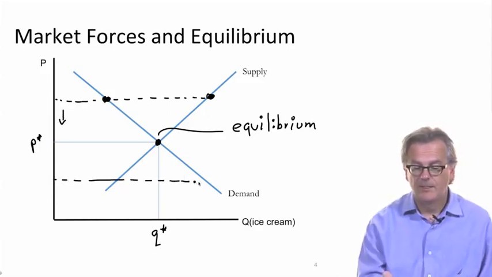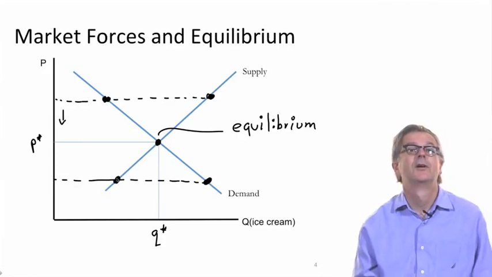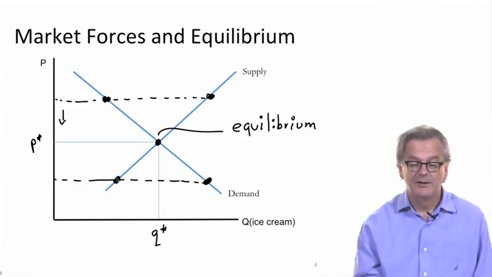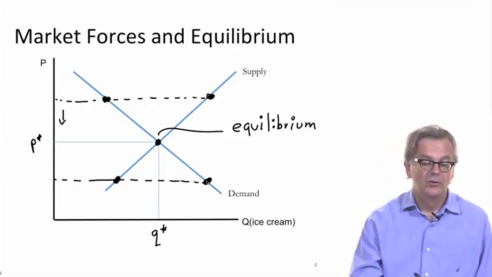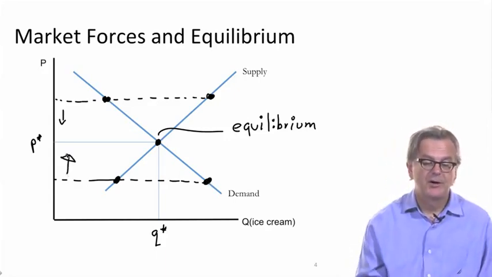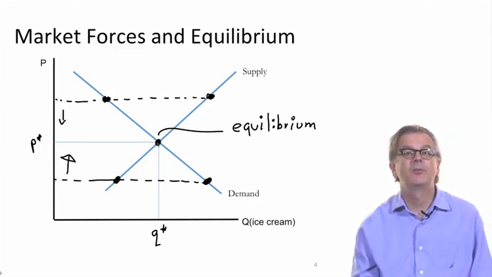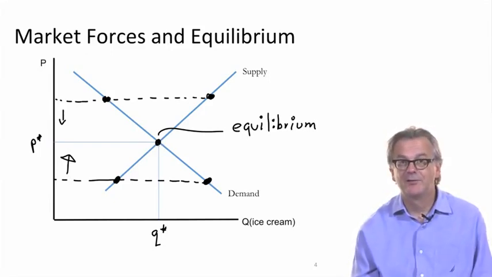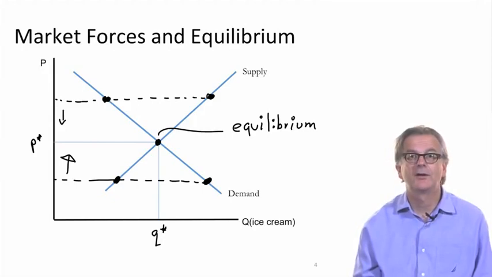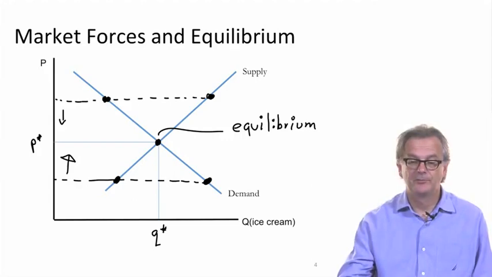Should there be the opposite situation with a relatively low price, so lots and lots of demand for ice cream but not much incentive to supply a lot of ice cream, then all of those demanders, consumers, will push the price up, so that we expect in this sort of market environment that the equilibrium will be what we observe. This is the magic of markets, the way prices coordinate supply and demand decisions to achieve the equilibrium.